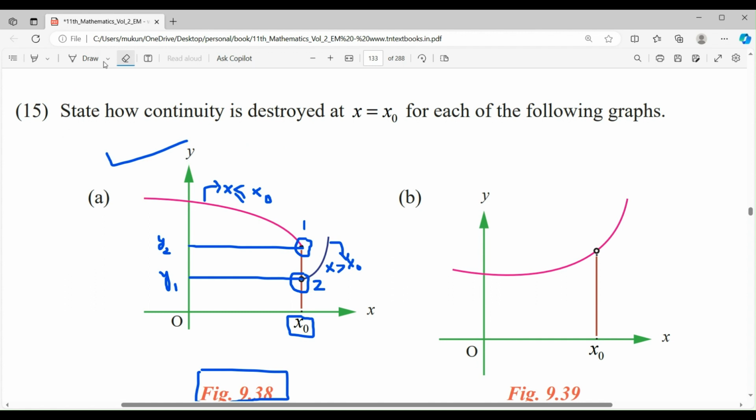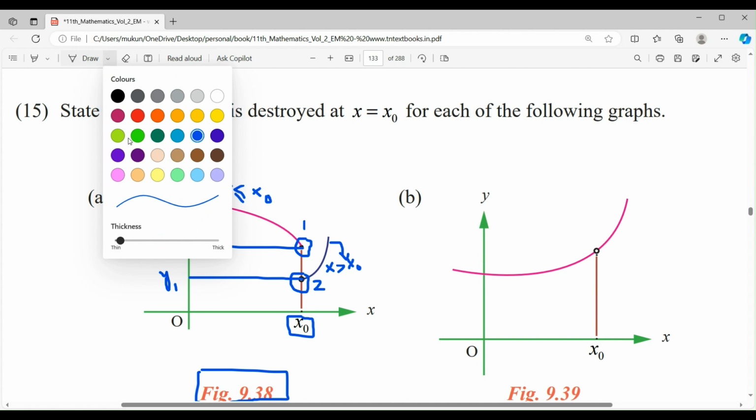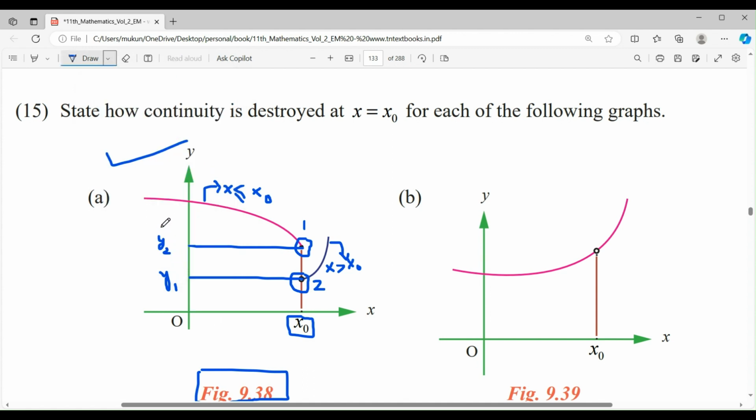So we can very clearly see that my f of x at x equal to x naught is y2, and my limit of f of x as x tends to x naught minus, which is my LHL, is also y2, right?